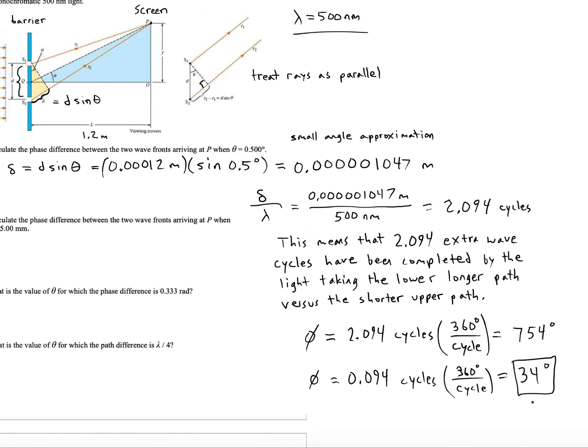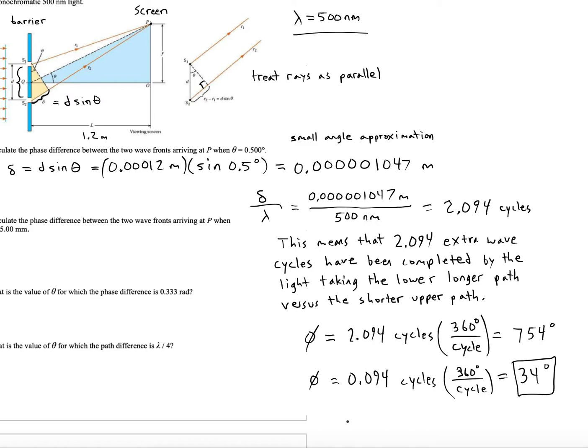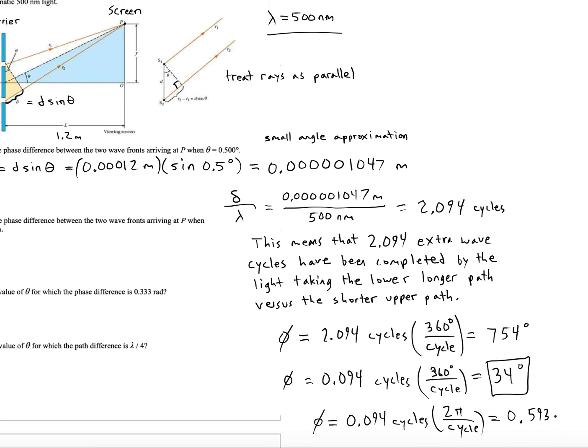Now if we want that in radians, we could do times 2 pi per cycle. Sometimes radians is easier to work with for certain types of problems. I get 0.593 radians.